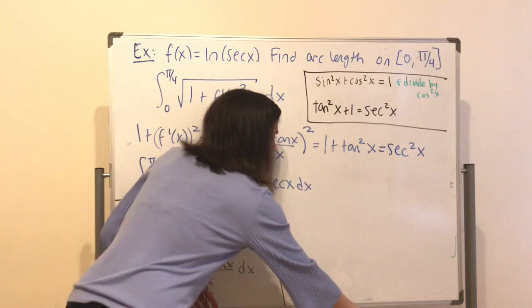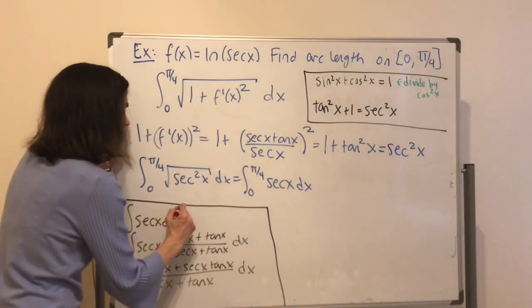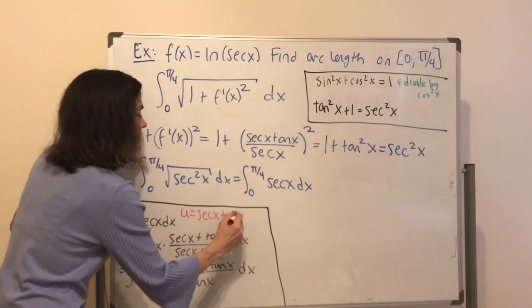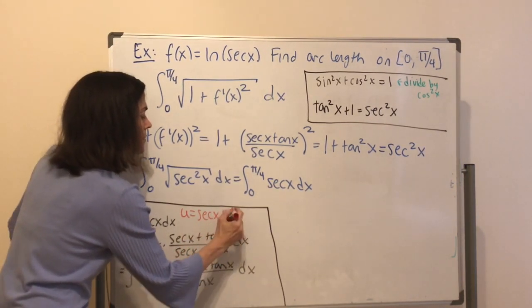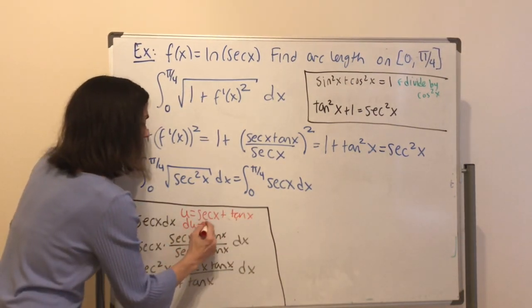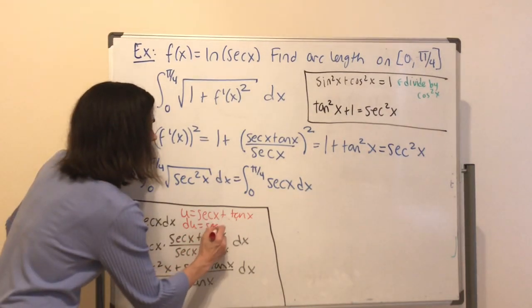Now, this I can integrate. You see, u is the denominator. Then du, well, the derivative of secant is secant tangent.